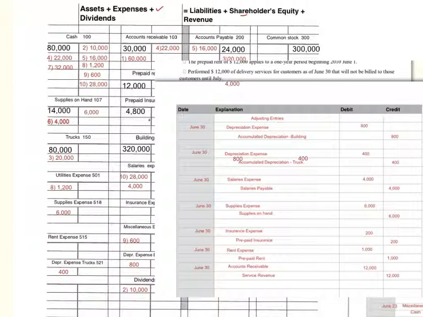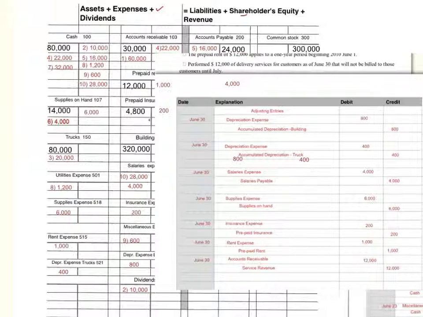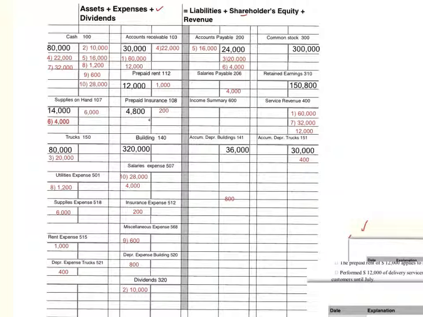Then insurance expense, $200 in prepaid insurance, and rent expense, $1,000 in prepaid rent. And lastly, a debit to accounts receivable and a credit to service revenue. And there we have all the adjusting entries posted.